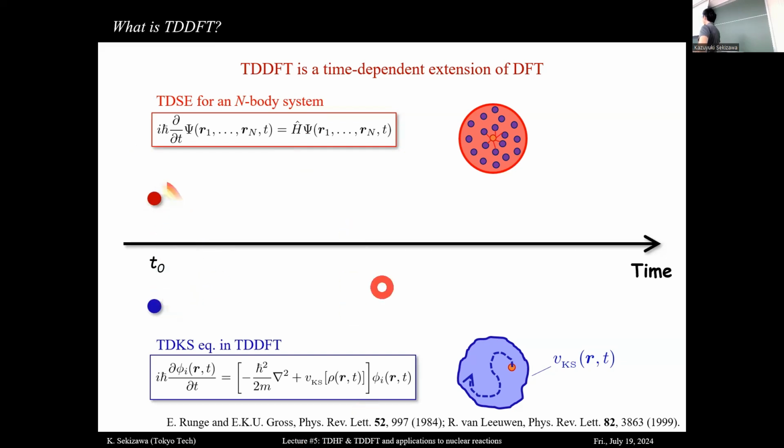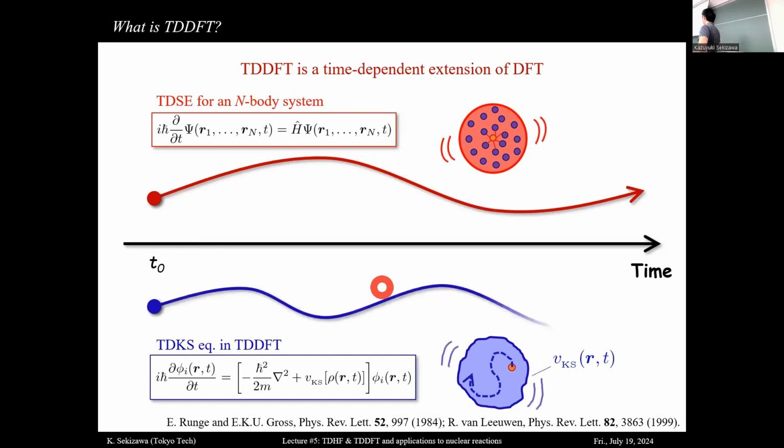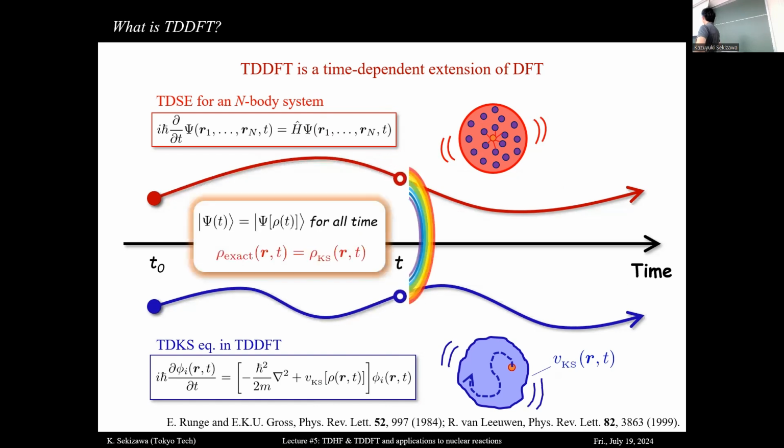And now we can evolve it in time. It develops in time in a different way. It is not equal because the equation is different. But we can show that for all times, the many-body wave function, which is now time-dependent, can be written as a one-body density.